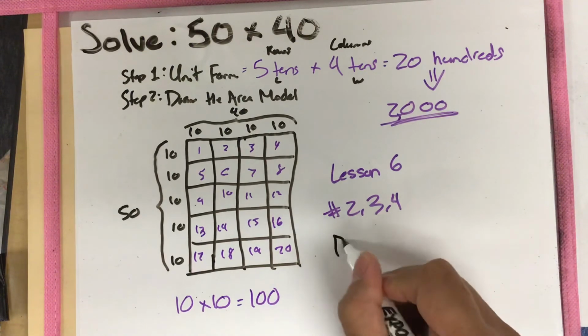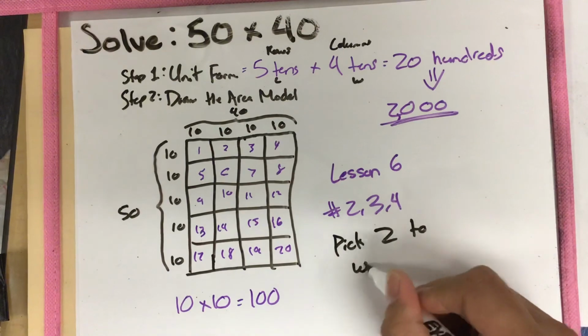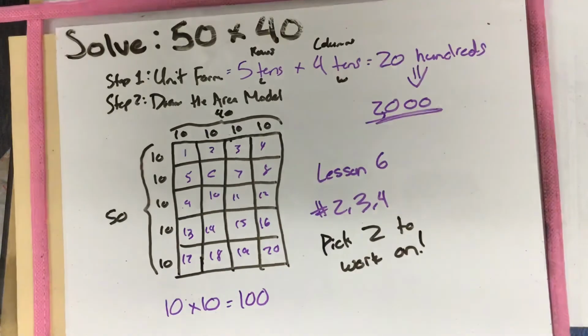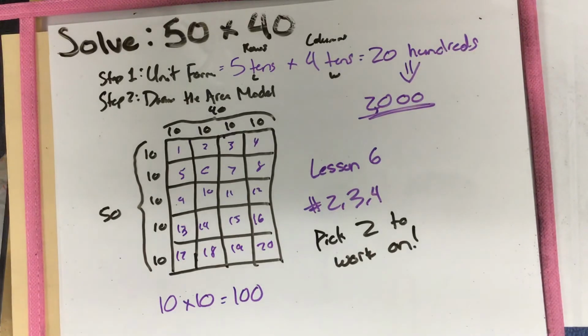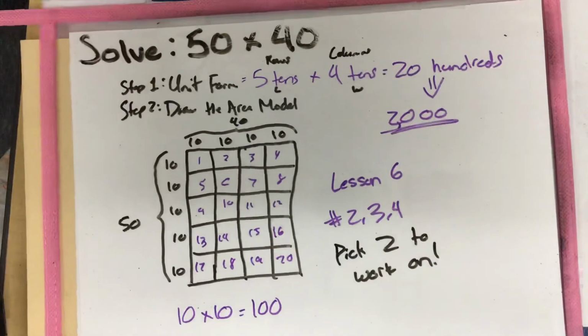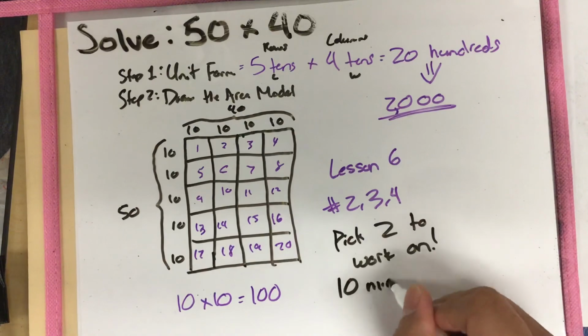So pick 2 to work on. And remember, it's the same thing. You're going to be working for 10 minutes on this set of problems. There's going to be another set to do with story problems. So please make sure that you try your best with these 2 within your 10 minutes, and then move on to the next video, okay?